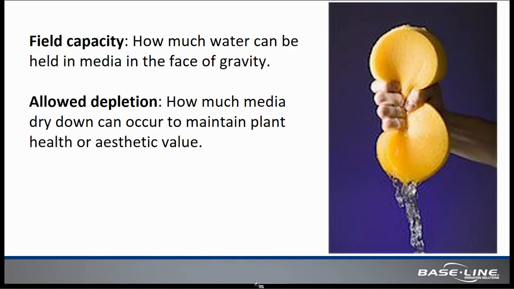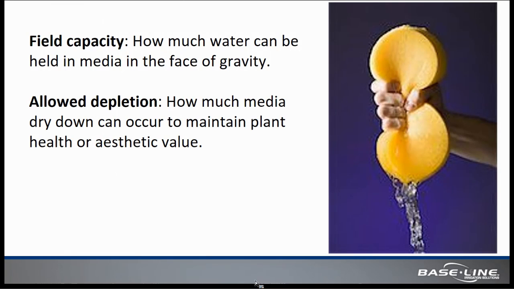If you were to squeeze that sponge, there's available water there, and much like soil, there's available water in a soil medium that's made available to the plants after that gravitational drainage has occurred. Allowed depletion would be how much media dry down is allowed to maintain plant health or aesthetic value.